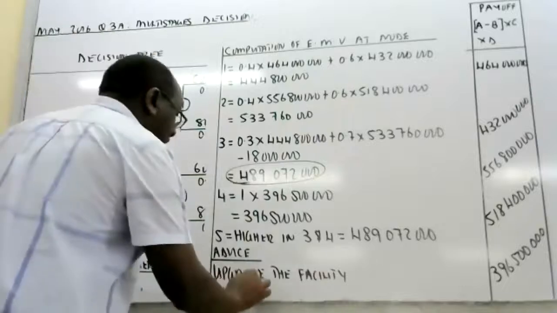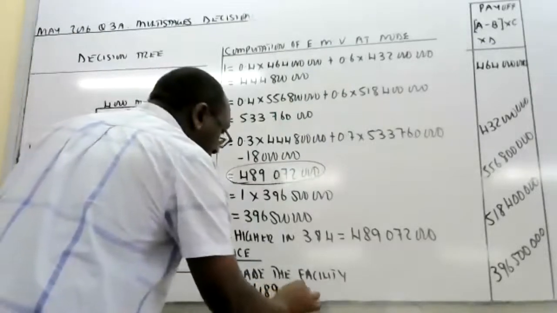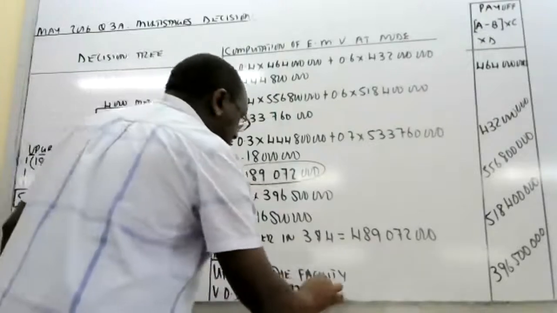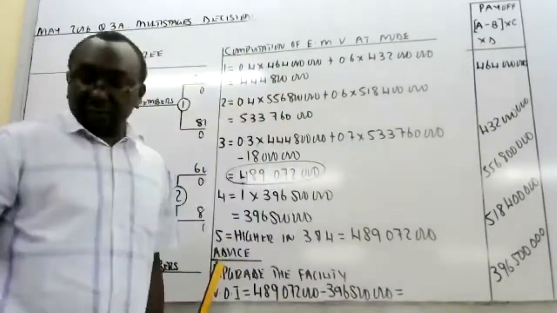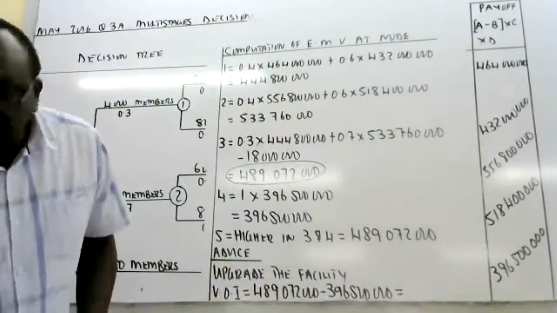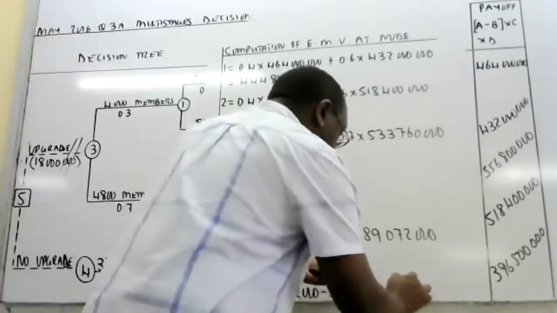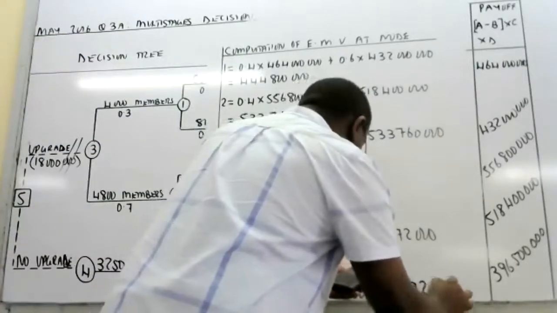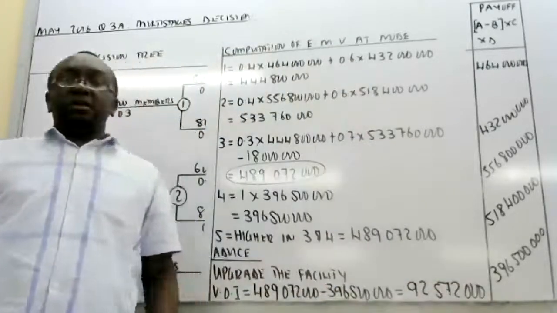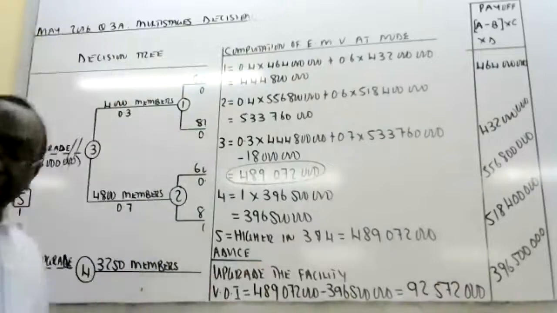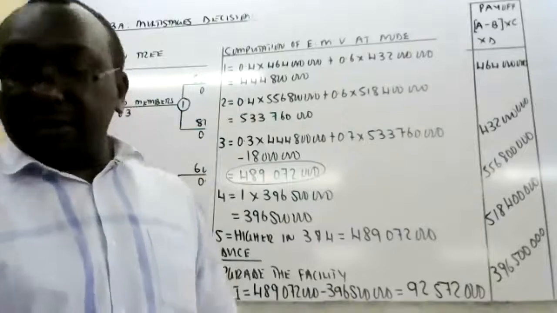At number 3, 489,072,000 minus 396,500,000 is 92,572,000. So that is how you go about it.